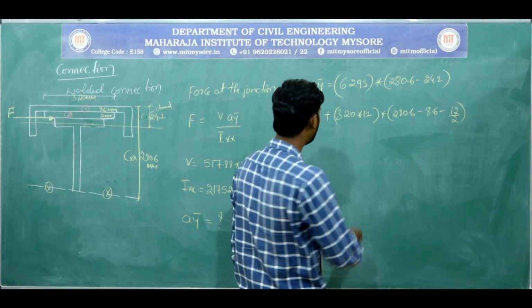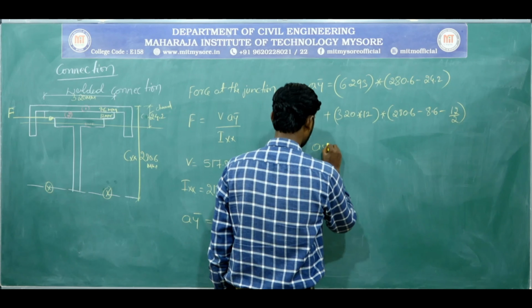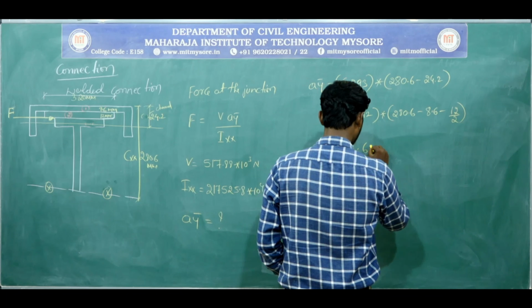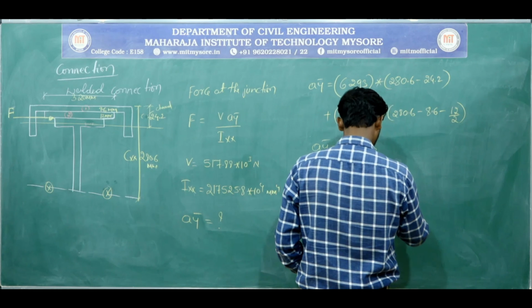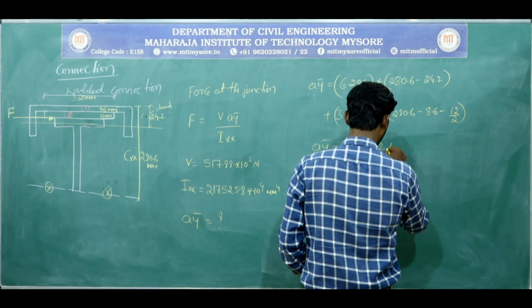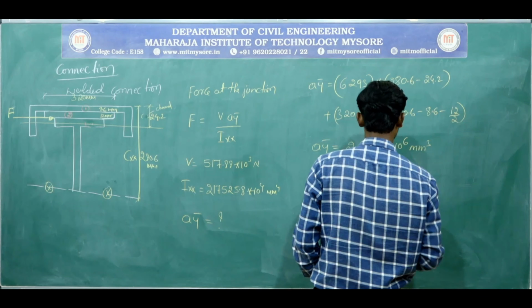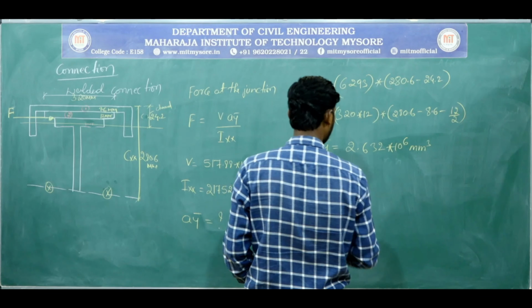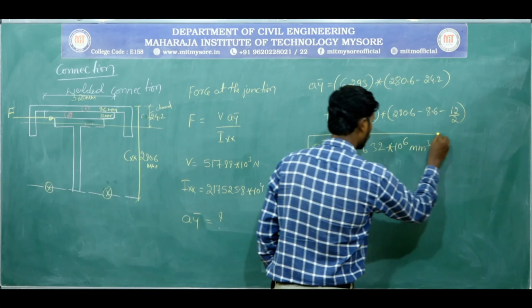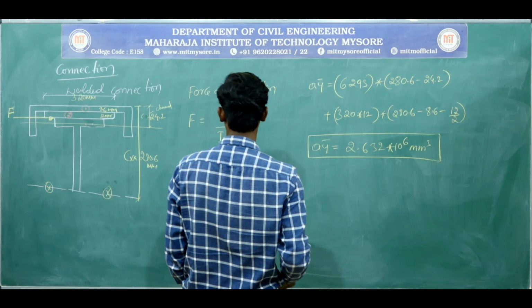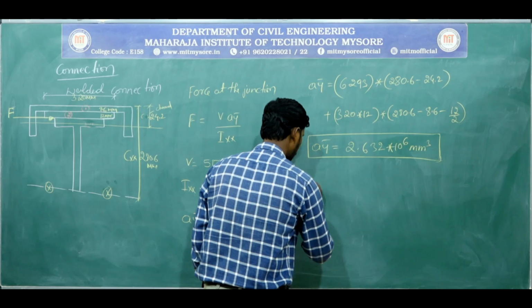So what is A Y bar to that point? A Y bar equals 2.632 into 10 power 6 mm cube. Area into Y bar. This is the value. So in this equation we got everything. Let us put together.